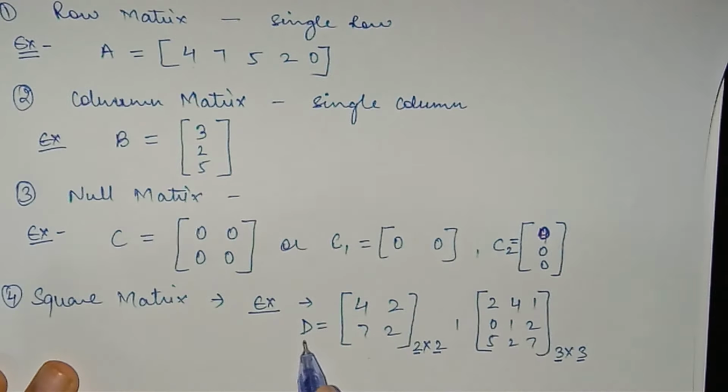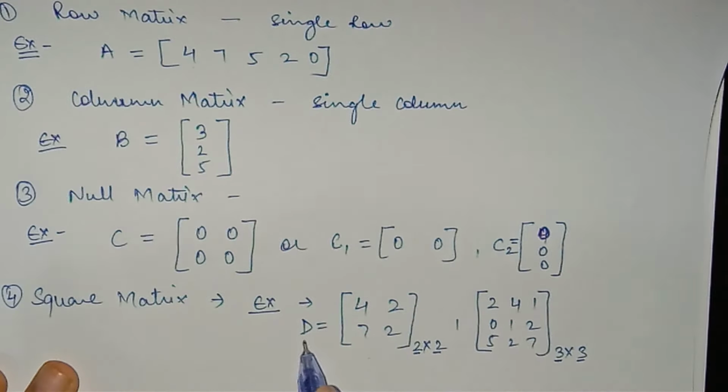If A is a square matrix, then the elements that appear in the same row and same column are called the elements of the main diagonal.